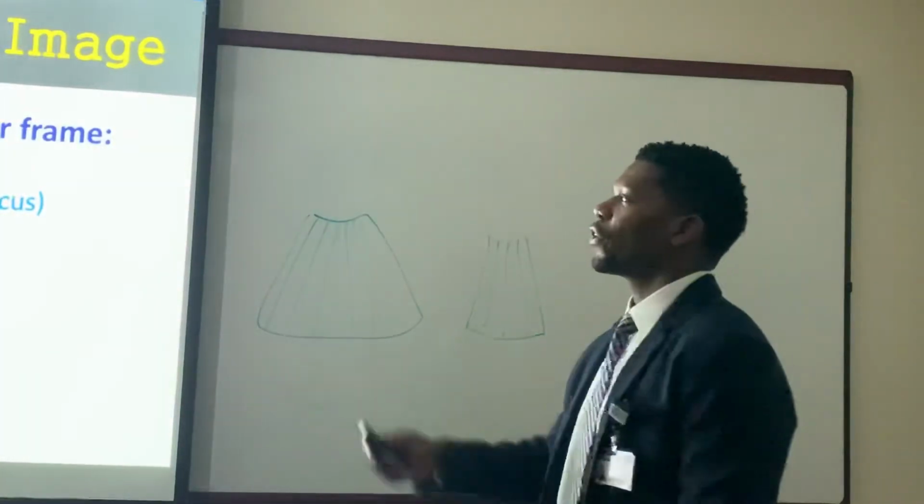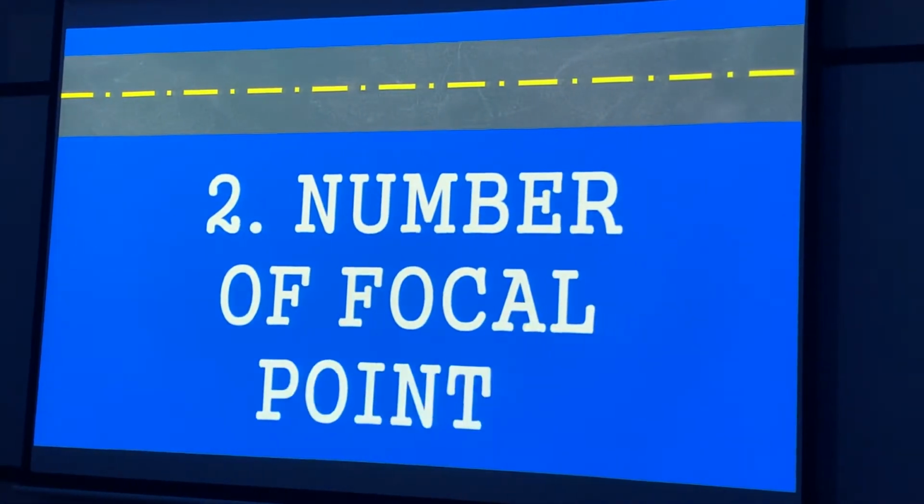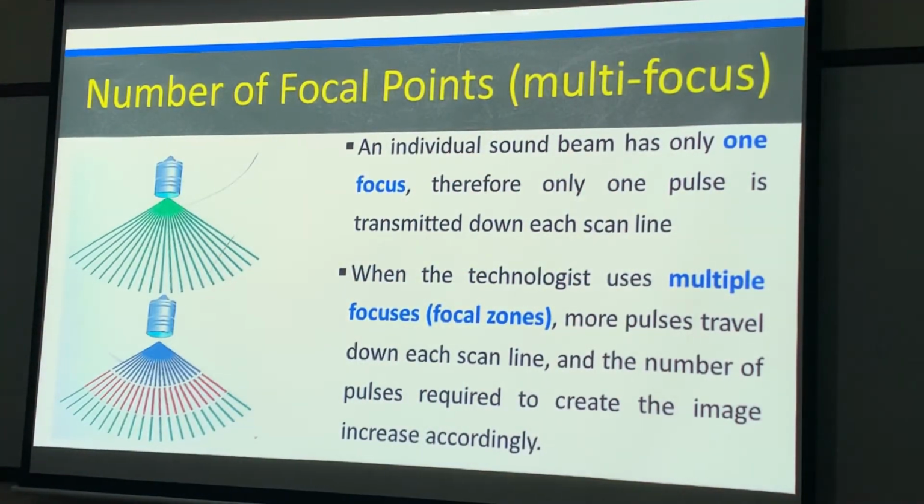So first one, guys, number of focal points or multifocus. An individual sound beam has only one focus. Therefore, only one pulse is transmitted down each scan line. So this go and return, go and return, all the way across this whole segment, right?